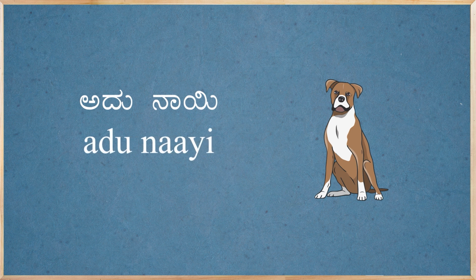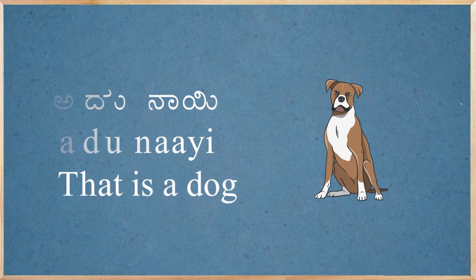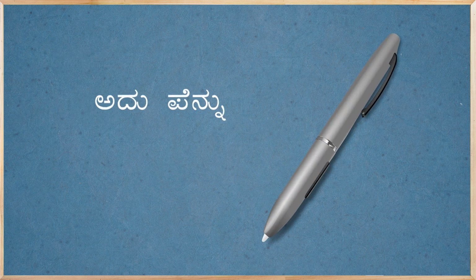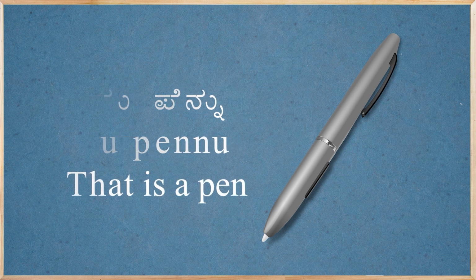That is a dog. Here, adu refers to a dog that is not in immediate proximity to the speaker. Adu pennu. That is a pen. In this example, the speaker is referring to a pen that is somewhere distant or out of reach.